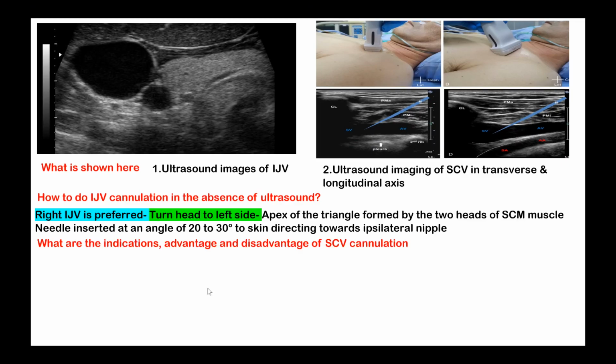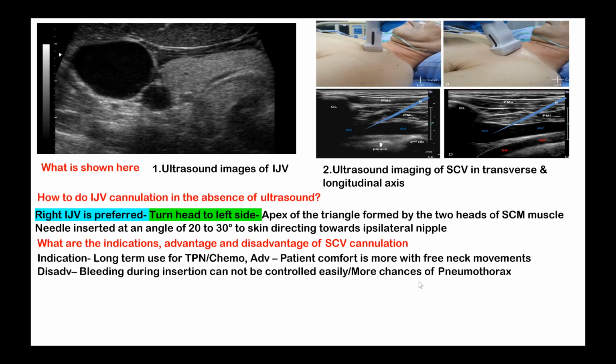What are the indications, advantages, disadvantages of subclavian vein cannulation? Pneumothorax is possible, sir, in subclavian. You are always first to say disadvantage rather than advantage. Risk of infection is low, sir. You can retain it for a longer time, and the patient is very comfortable because he can turn the head and neck very easily without restriction, compared to IJV.